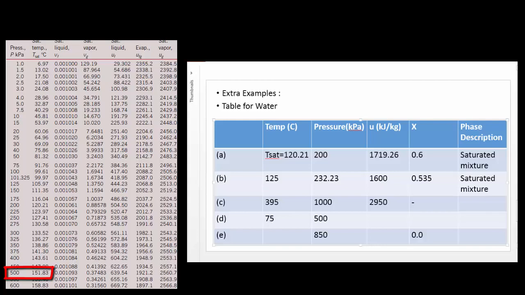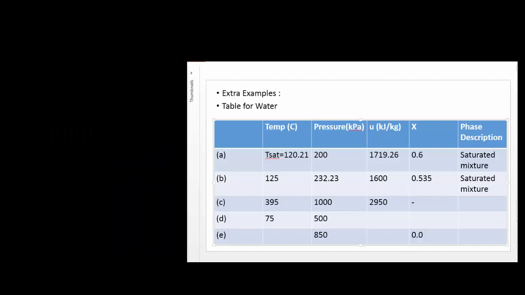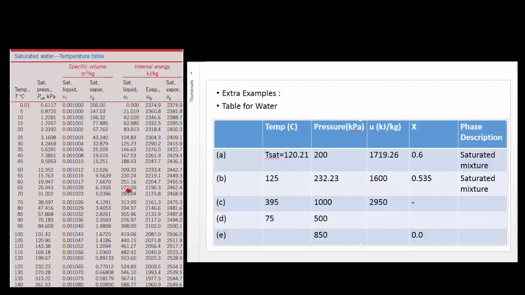So let's go to table A7 first, compressed liquid. Oh no, in table A7, the lowest pressure given is 5 megapascal, but here is 500 kilopascal. So what do you do? In the previous example, I showed you how to do the approximation. So you go to table A4, must be A4, okay? Look at this temperature, 75.